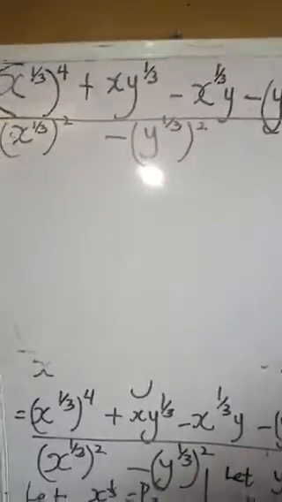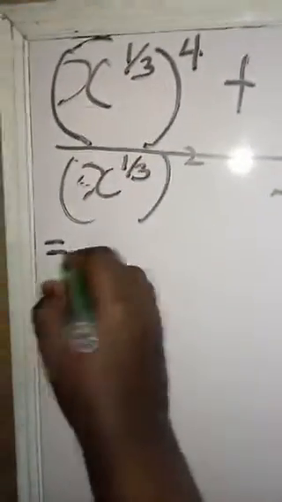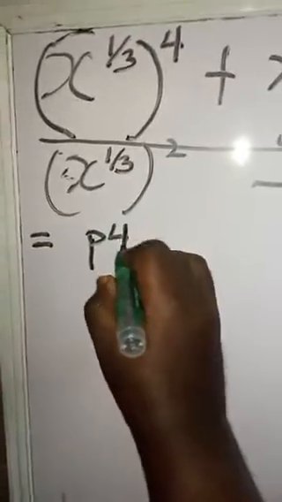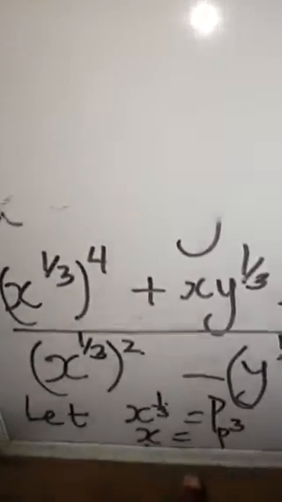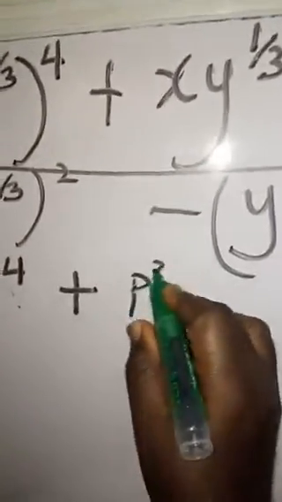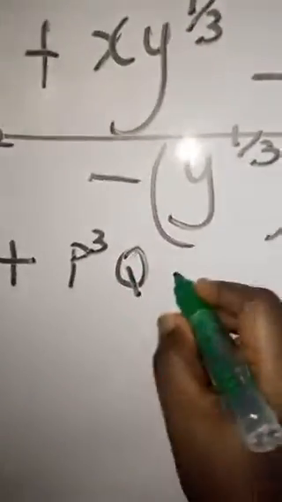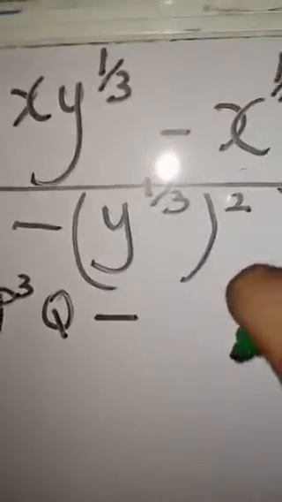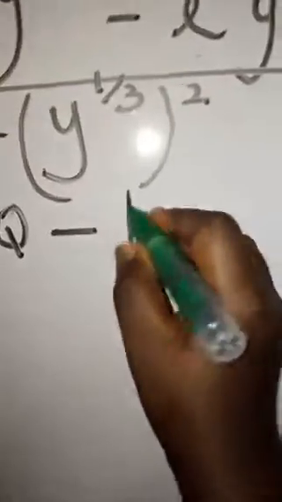y raised to power 1 over 3 is now q. So, we are going to rewrite this as p raised to power 4 plus, instead of x, we are going to write p cube. X is equal to p cube. So, p cube. And instead of y raised to power 1 over 3, we are going to write q. P cube q. Then minus, instead of x raised to power 1 over 3, we are going to write p, minus p.